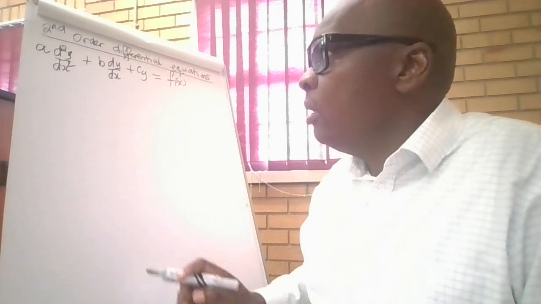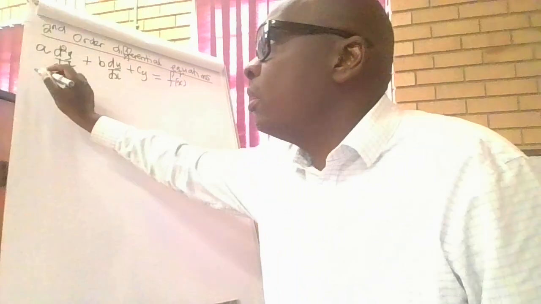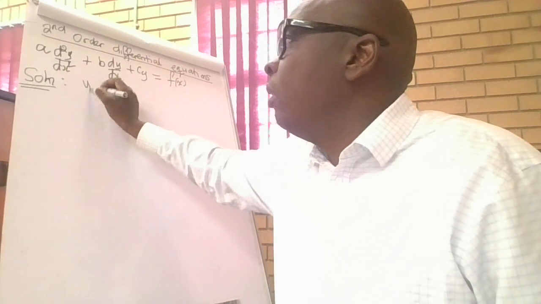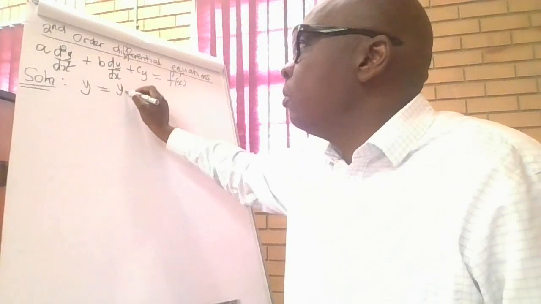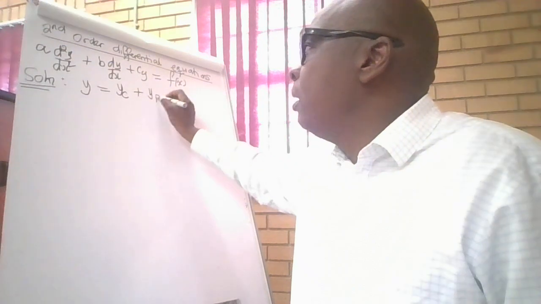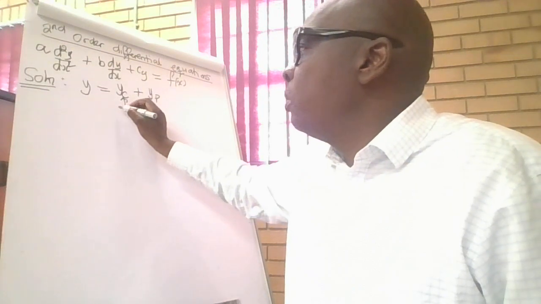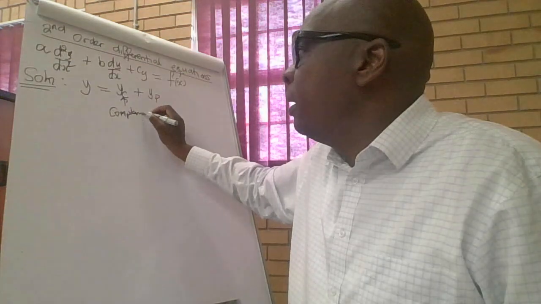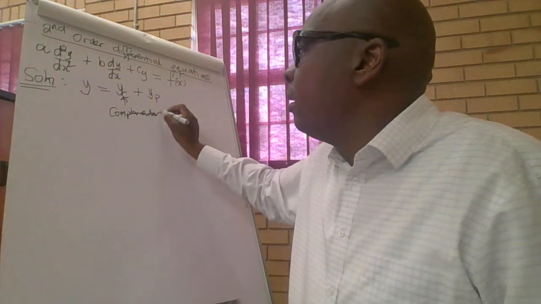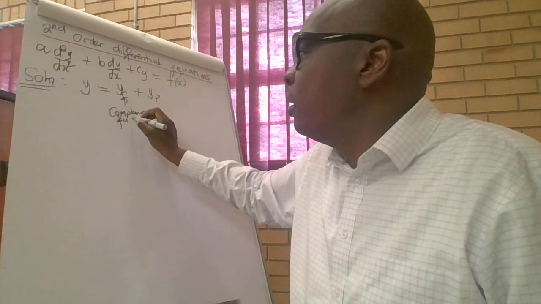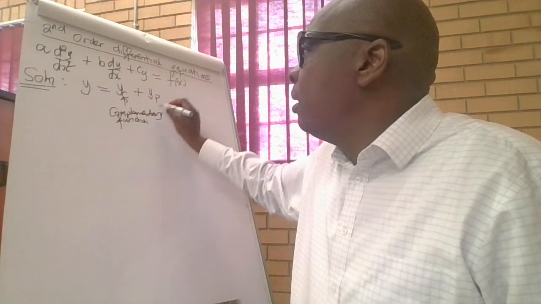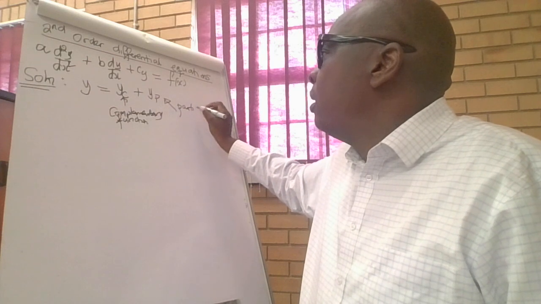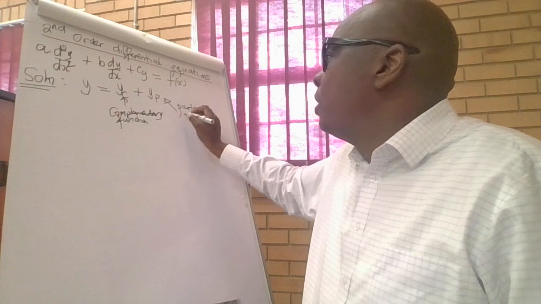But in general, the standard solution to this differential equation is given by y is equal to yc plus yp, where yc is what we call the complementary function or solution, and yp is what we call the particular solution.